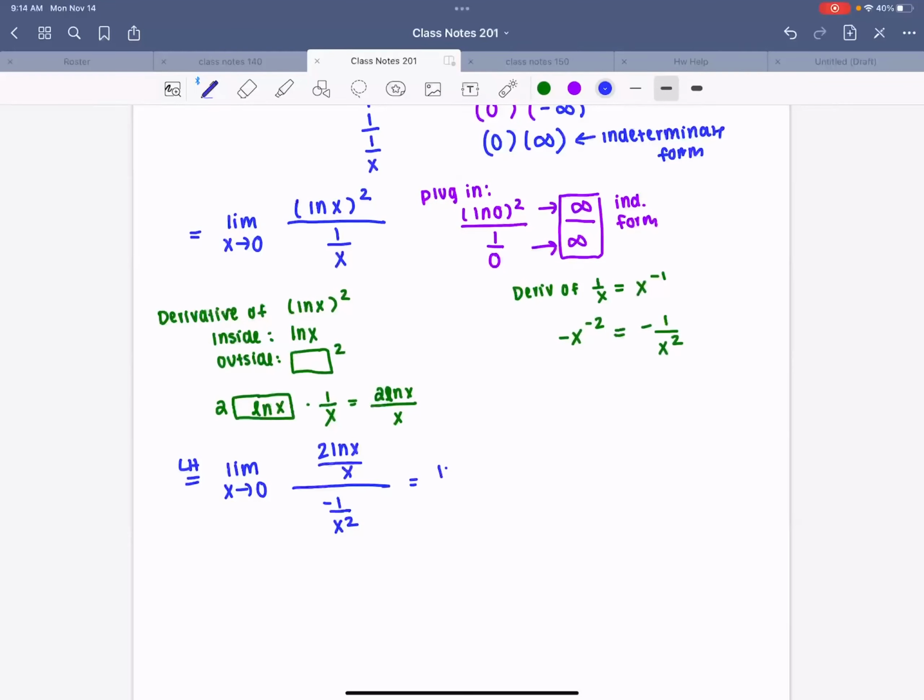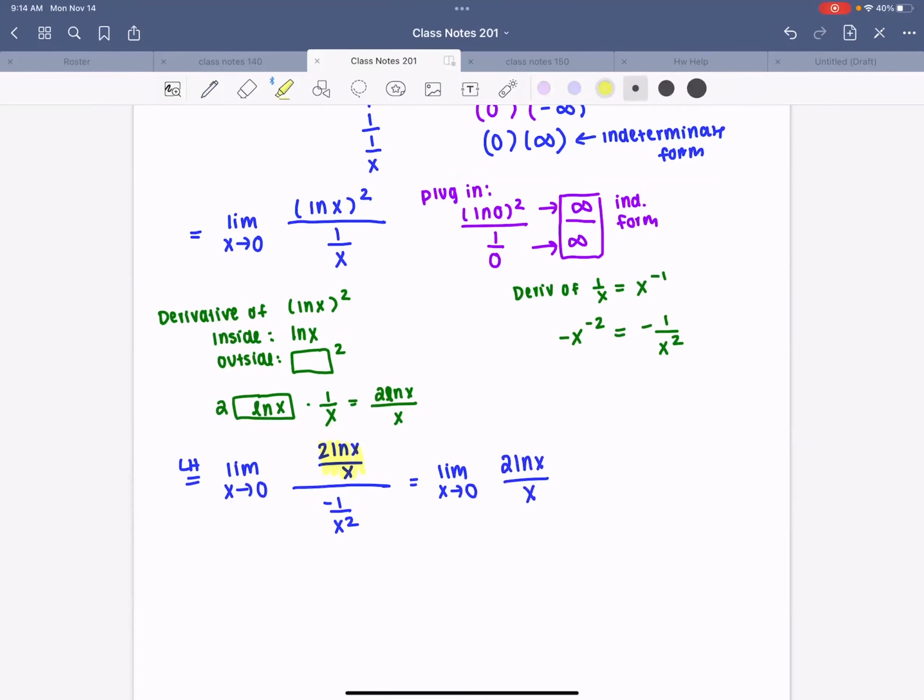Okay. Now we're here. Is there a way to simplify that fraction into something that looks a little bit better? Yeah, keep, change, flip. We have a fraction over another fraction. So what I'm going to do is I'm going to keep the top fraction the same. So I'm going to keep 2 natural log of x over x.